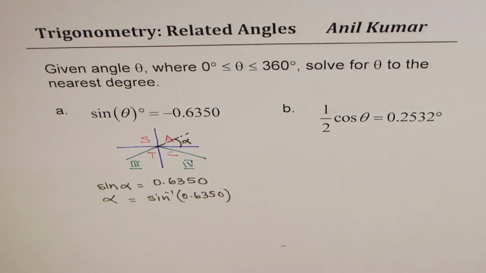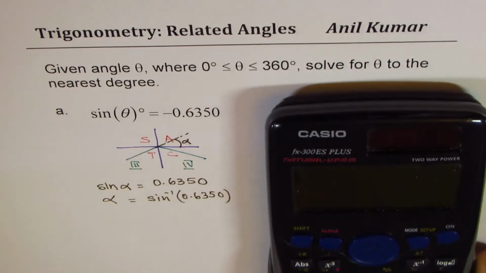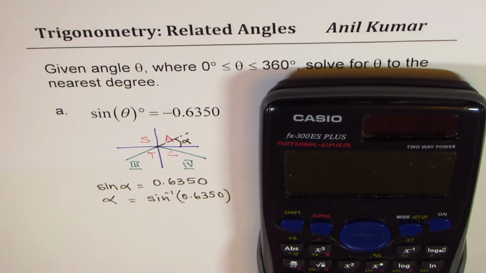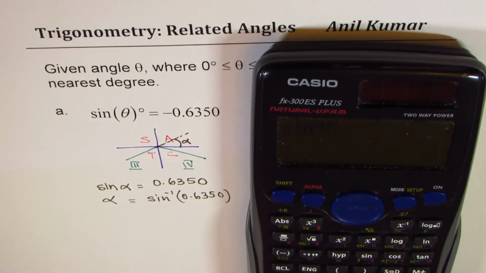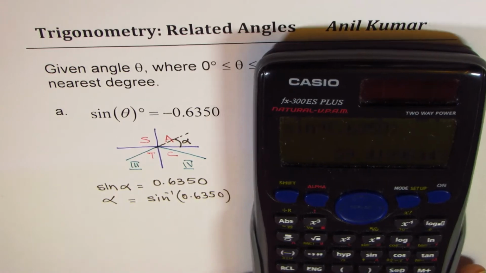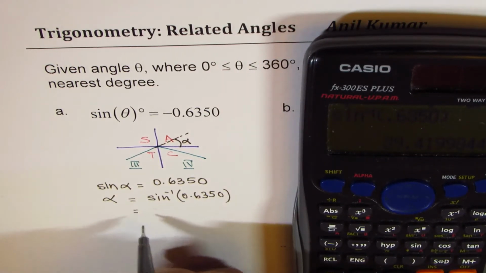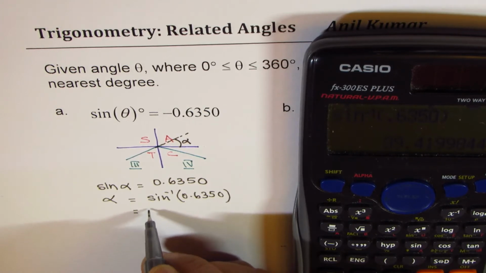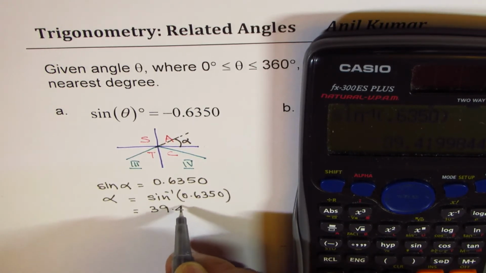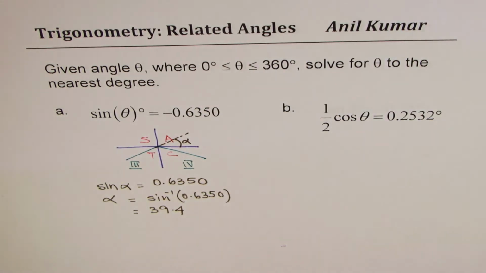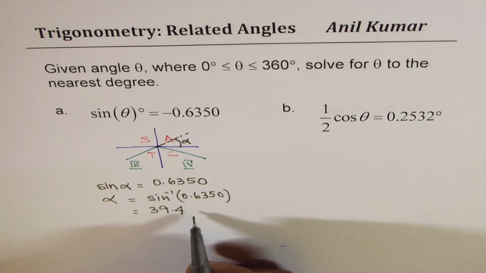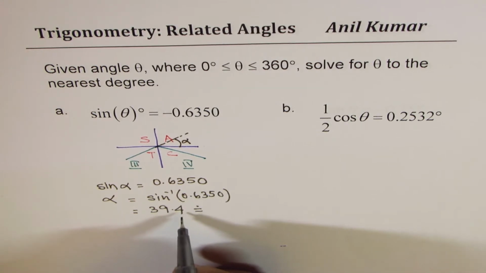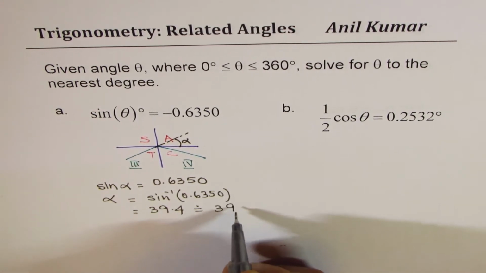We can now use the calculator, which should be set in degrees. We do shift sine inverse of 0.6350 equals, and we get the angle as 39.41. So let's write this as 39.4. Since we want to write the answer to the nearest degree, let me write this as 39 degrees.